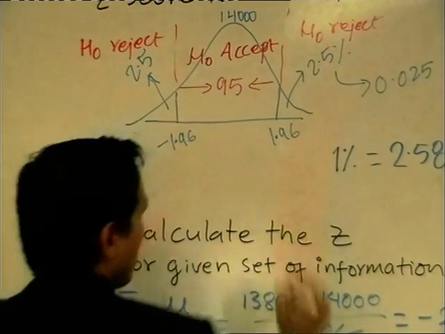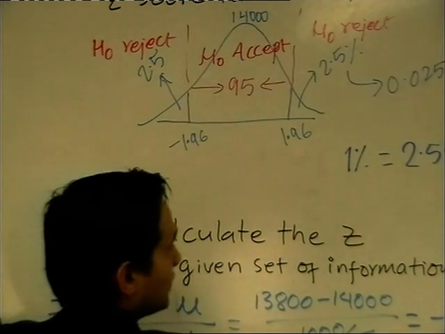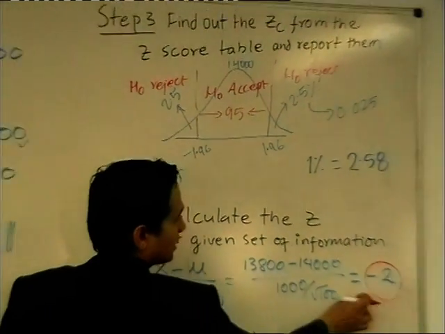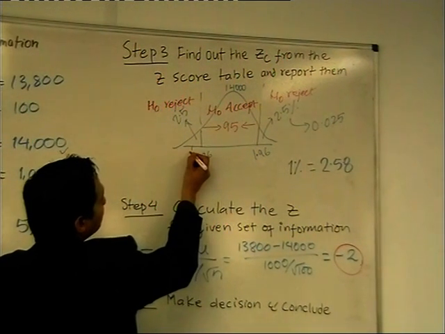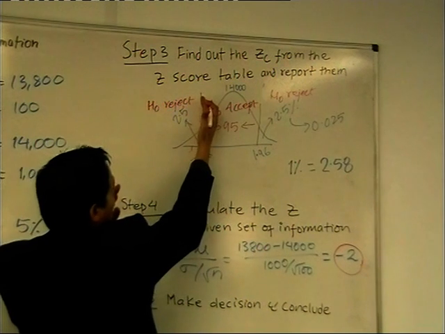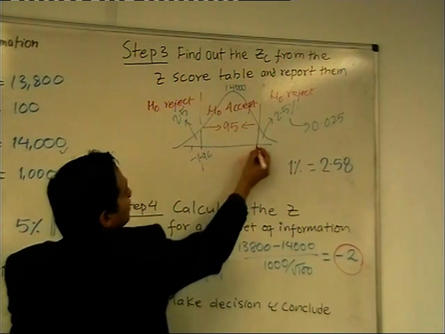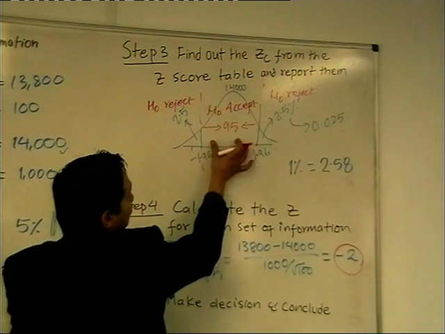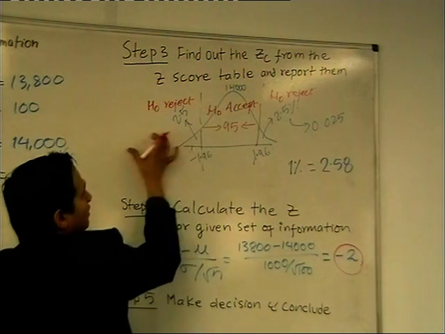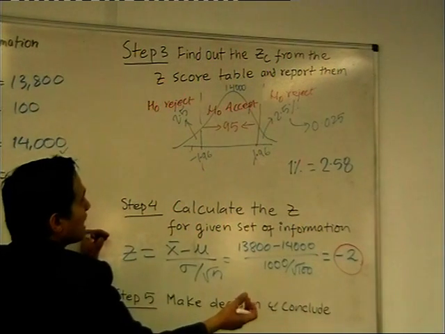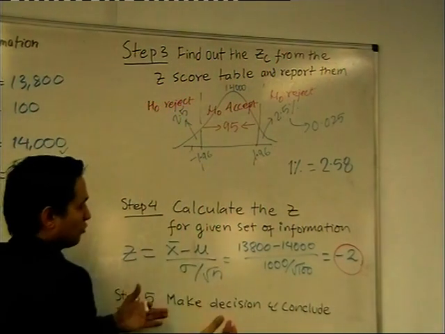Now check your calculated z, which is -2, so it falls somewhere here. Therefore it is not within the acceptable region; it is outside the critical boundaries. So what you need to do now is reject the null hypothesis.